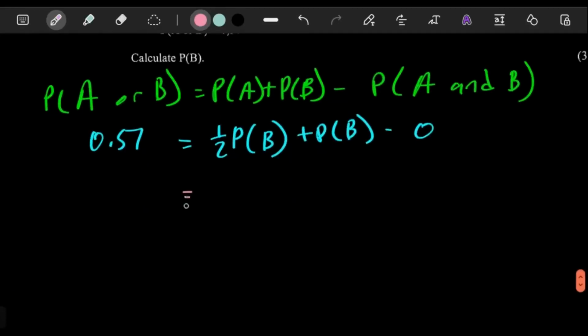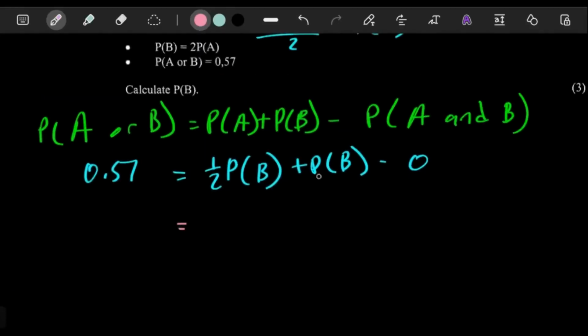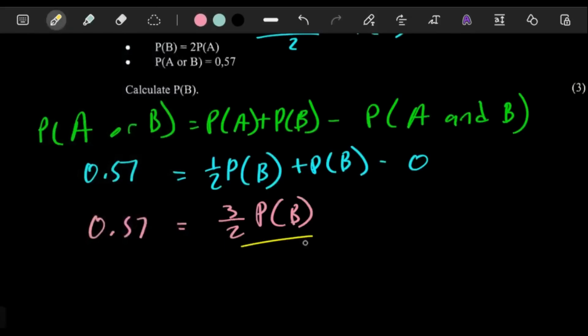This is where your knowledge comes into play. A half plus 1 is 3 over 2, which you can get from your calculator. Then we divide on both sides by 3 over 2.